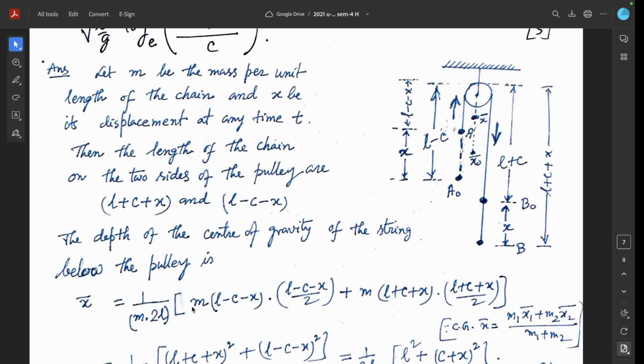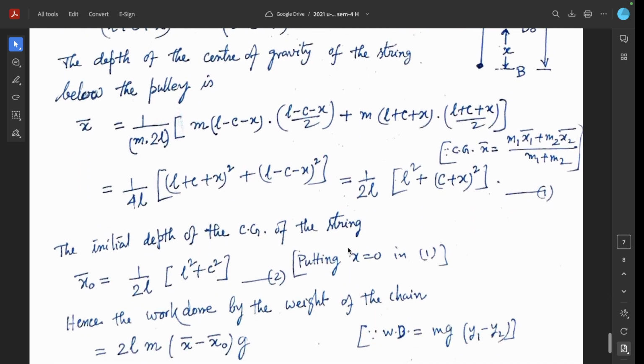So the total mass is m into twice L. The mass on the left hand side is m into L minus C minus x, and its center of gravity is at the middle point, L minus C minus x by 2. Plus the mass m2, which is m into L plus C plus x, the right hand side length of the chain, with center of gravity at this length divided by 2.